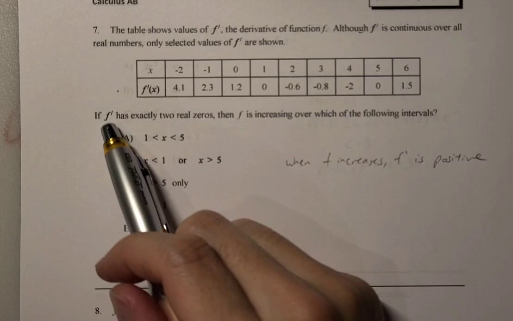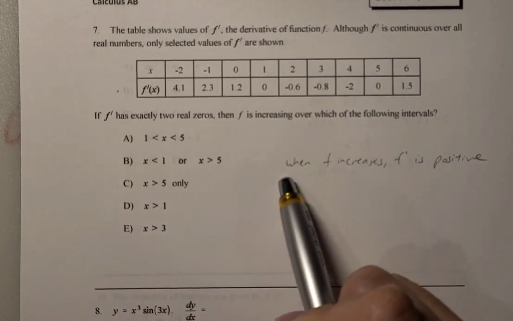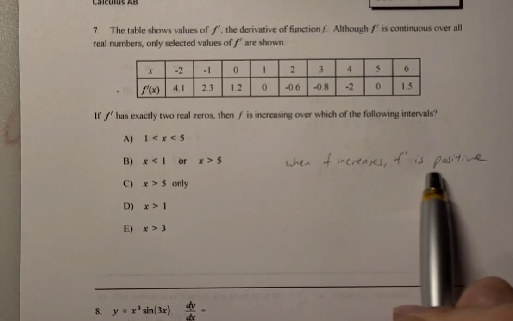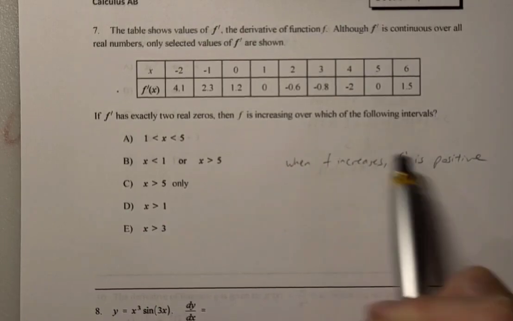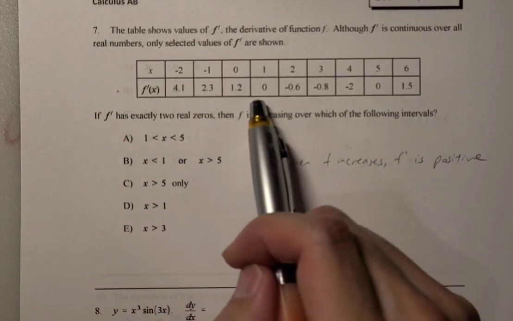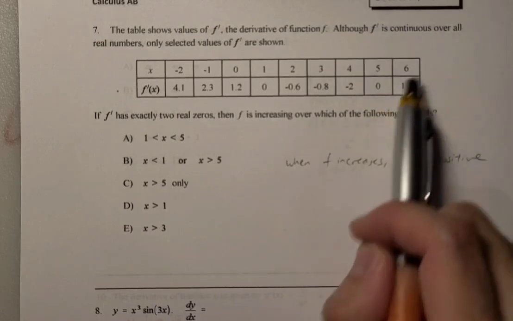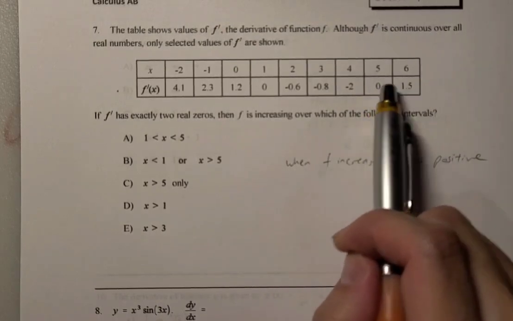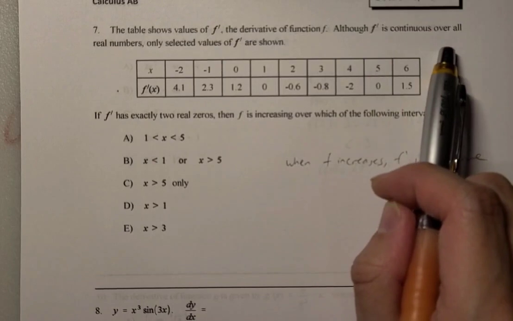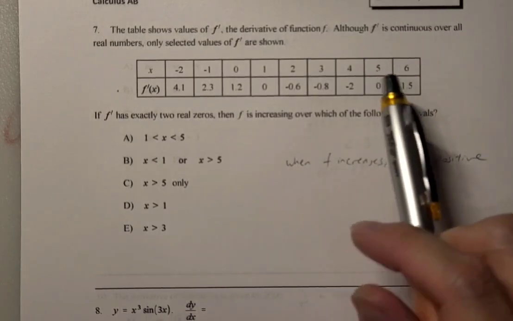Okay, so what's the relationship between f prime and f if f is increasing? It's critical to remember that when f is increasing, the derivative is positive. So why does it say if f prime has exactly 2 real zeros? The 2 zeros are here. So it just tells us that afterward it'll keep increasing over here, right? Because from here to here it's increasing. So afterward it'll keep increasing and will not ever decrease again, and be a 0.